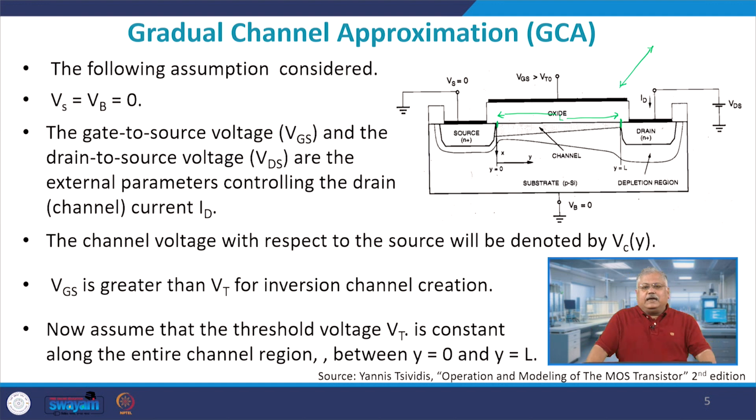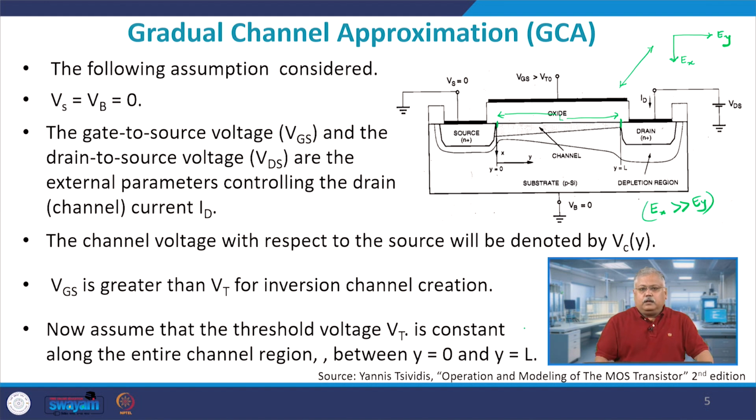Now, if your channel length is relatively large, then the electric field in the transverse direction, let me assume this to be the transverse direction, will be much larger compared to the electric field in this direction. If I say this is Ex and this is Ey, then Ex will be much larger compared to Ey.